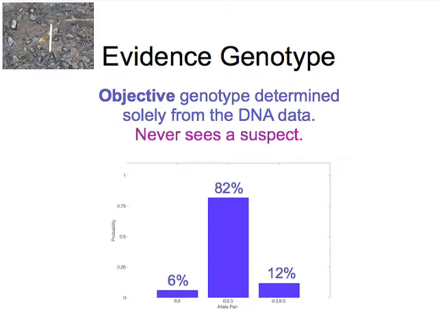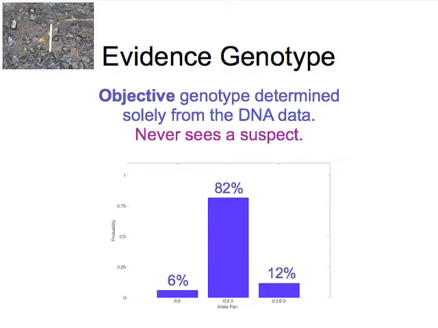The computer's probability distribution tends to be more concentrated or focused in regions where the data has more support, whereas human review tends to diffuse that out a little bit and not get as much information. Now, this is a completely objectively determined genotype. There's no suspect up here. It's not looking at a suspect.